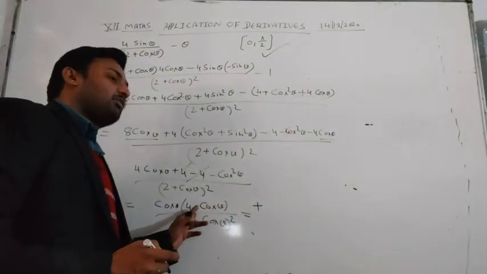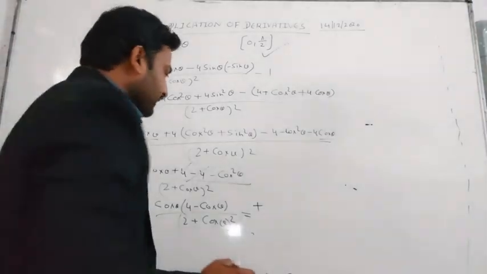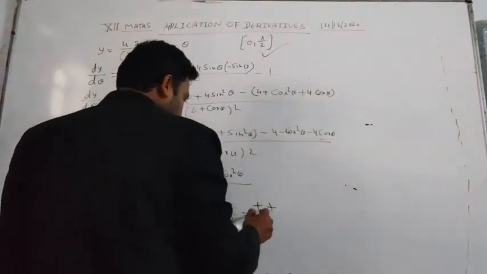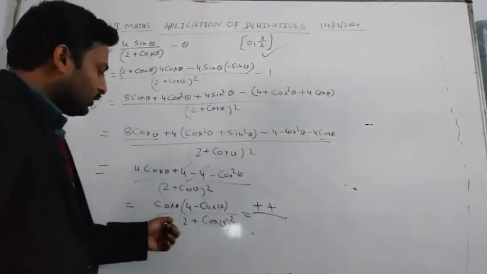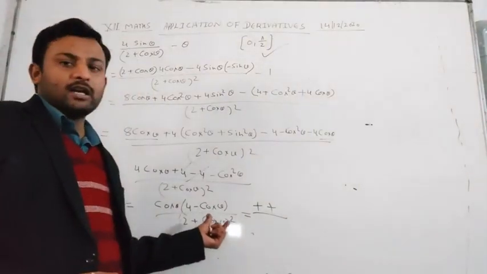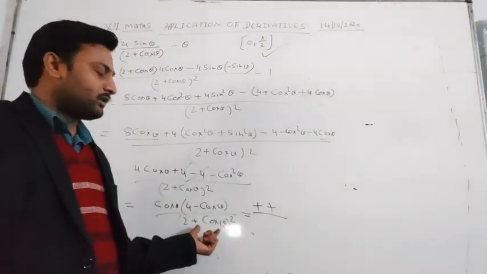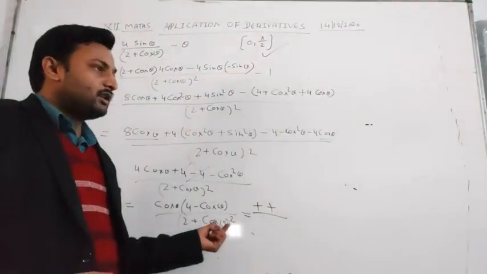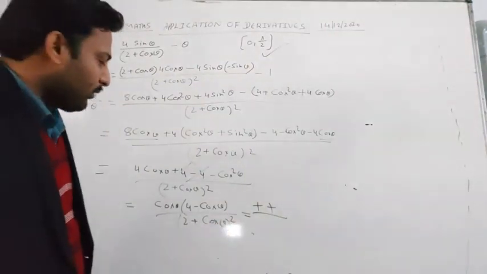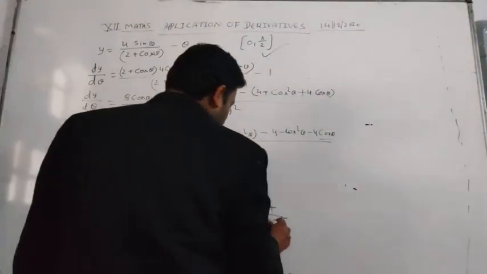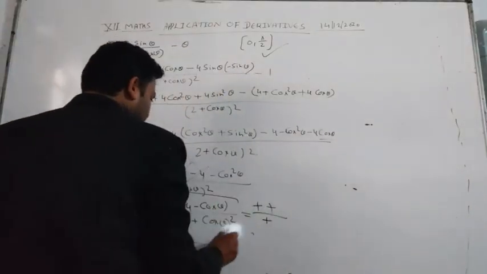We subtract from 4, it will be positive, so the second term is also positive. And the denominator is 2 plus cos theta; again we are putting any value of cos theta and squaring this, then we get again a positive value. So our whole quantity is positive.